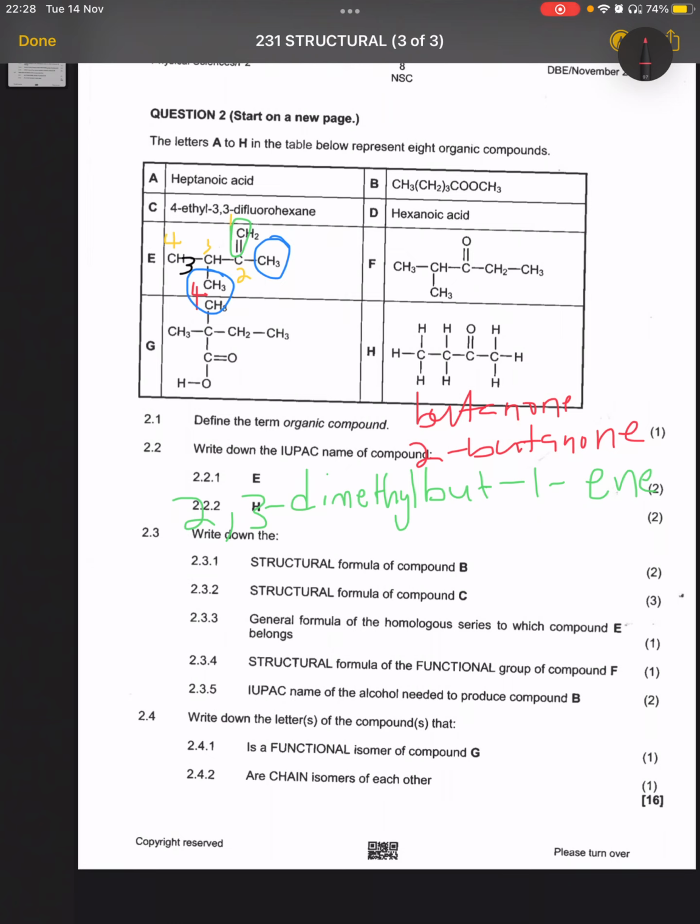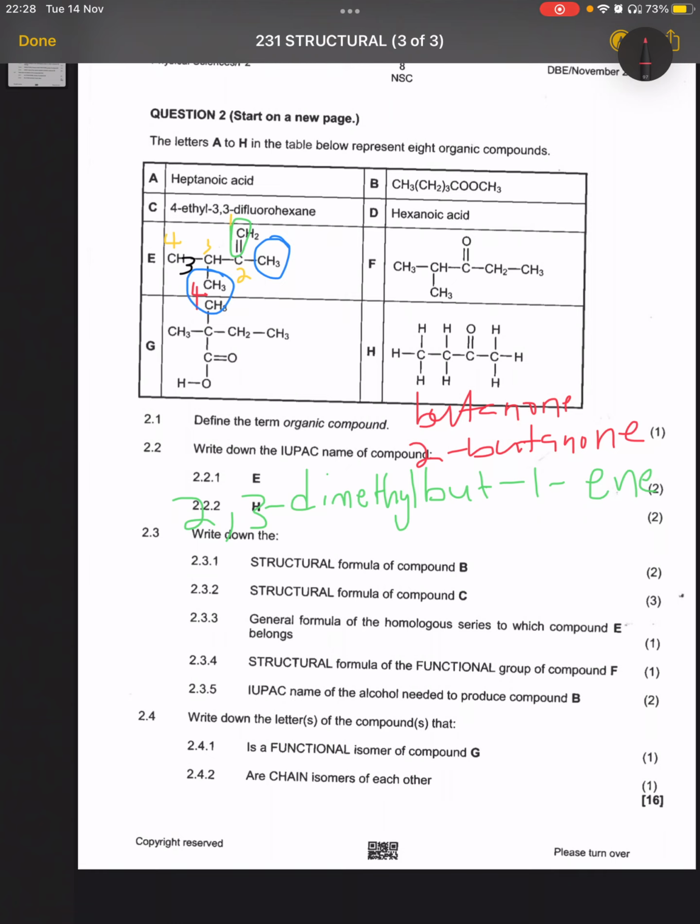I think those 2 would be accepted because this is the first compound for a ketone. The structure is just butanone, but I think the most correct one is 2-butanone, with the 2 for the position of where the ketone is occurring.